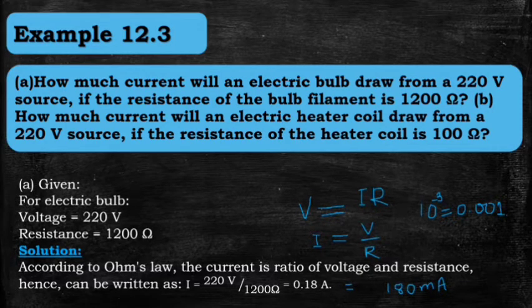Milli is nothing but 10 to the power of minus 3. If we shift the dot by 3 places, we will get ampere. If we write it as 180, we should write it as milliampere.